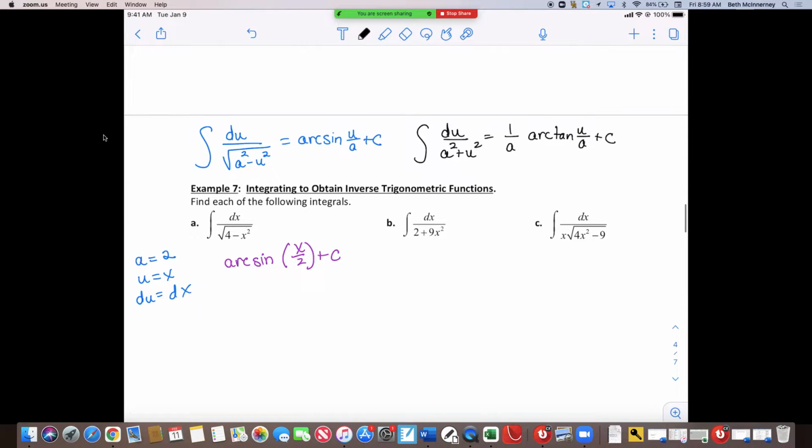So when I'm looking at this one, it's a little bit trickier. Do you understand that the a squared is 2? So what is a? Square root of 2. If my u squared is 9x squared, what's my u? 3x. So then when I go to do my du, I get 3dx. So that's where I get this 1/3 du equals dx.